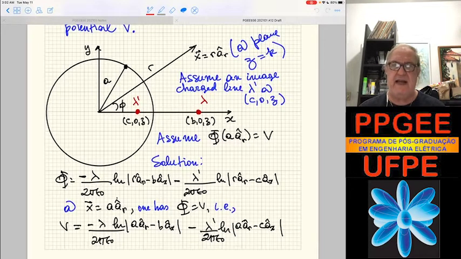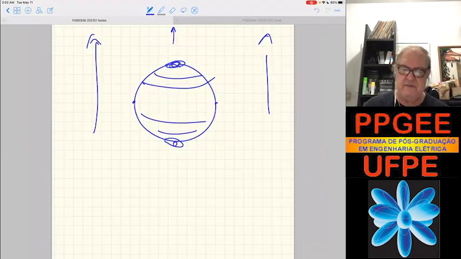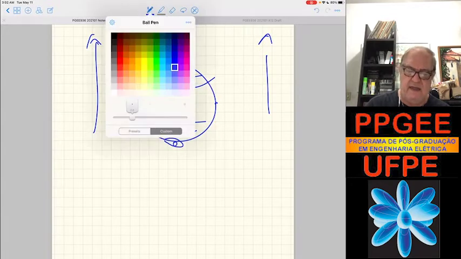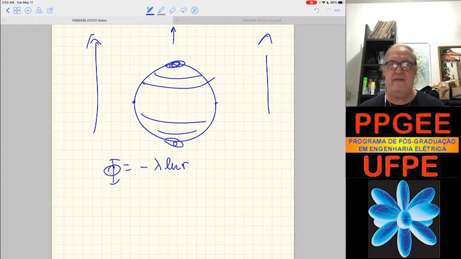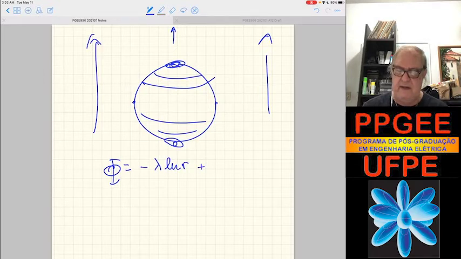A charged line has a potential, right, which we calculated before: minus lambda logarithm of r plus another constant, let's say lambda log of a. So it means that at r equals a, the potential is 0.